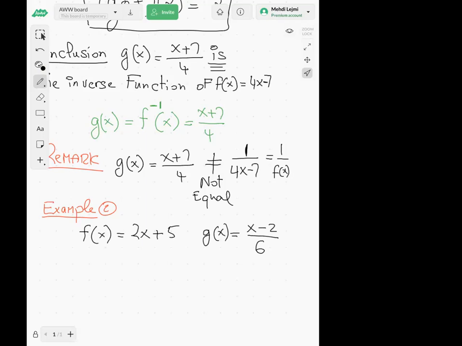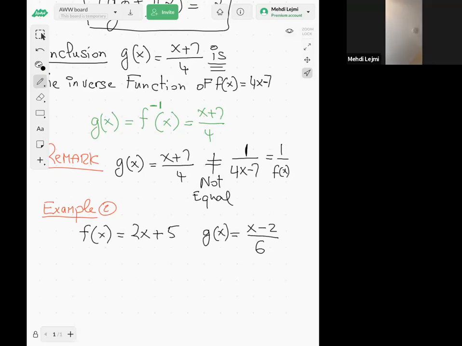The question, of course, is to determine whether g of x is the inverse of f of x.